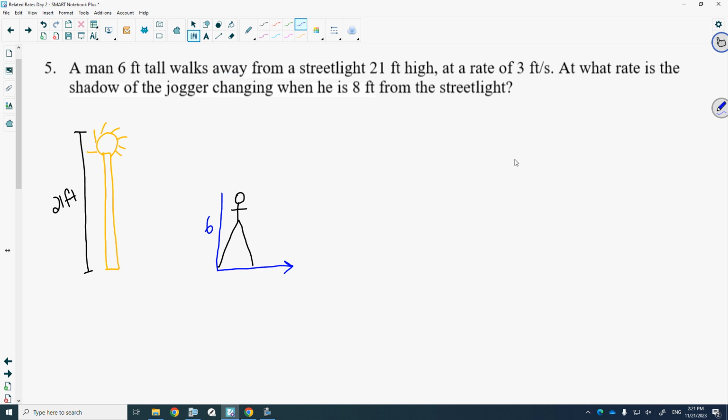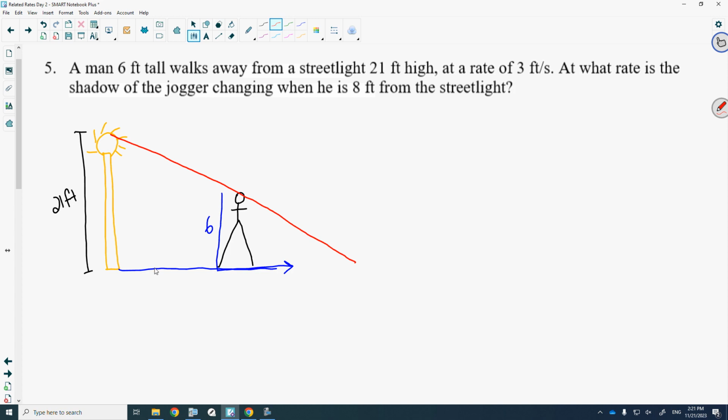So what happens? He's walking away from the street light. The street light is going to shine down. Do you know where the shadow would be for this question? It's on the ground. The street light is behind you, so the shadow falls in front on the ground.